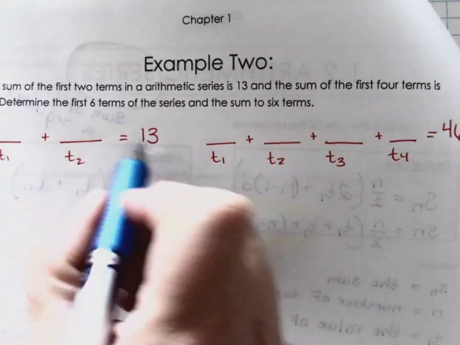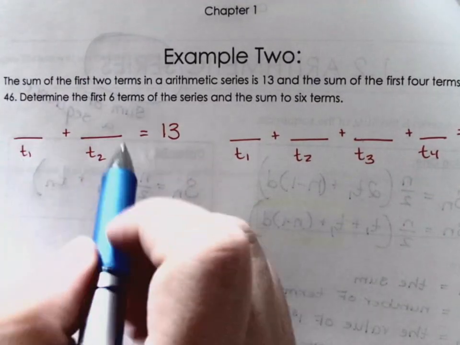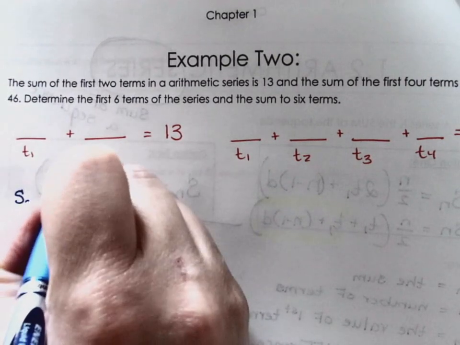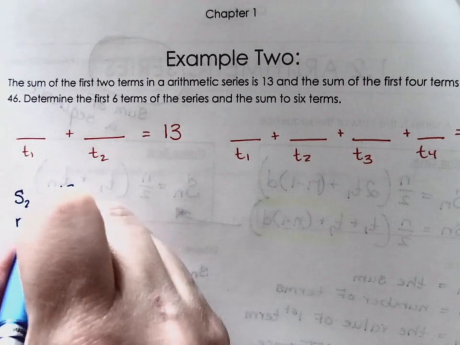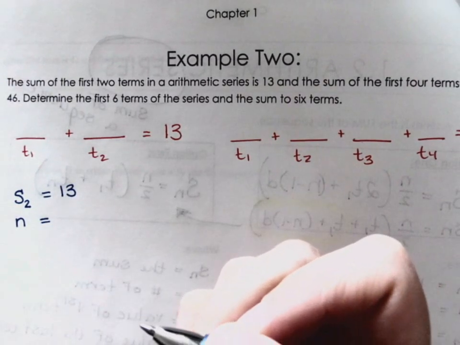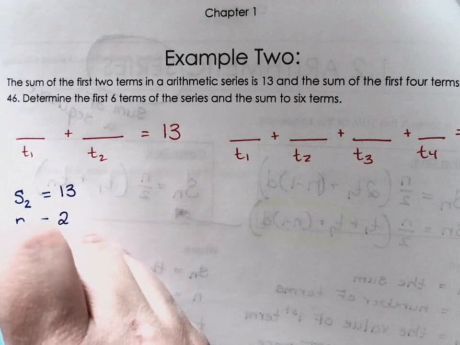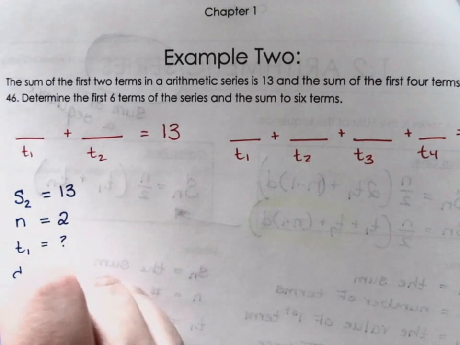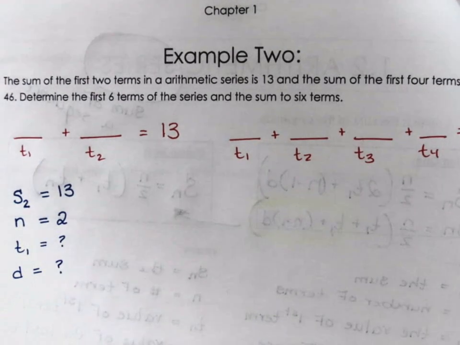For this one, what do we know the sum is? 13. So the sum of the first two terms is 13. What else do we know from that information? We know n. How many terms do we have? 2. Do we know T1? No. And we don't know the common difference. So that's sad. So let's make a general equation.